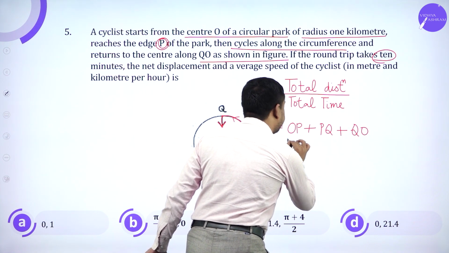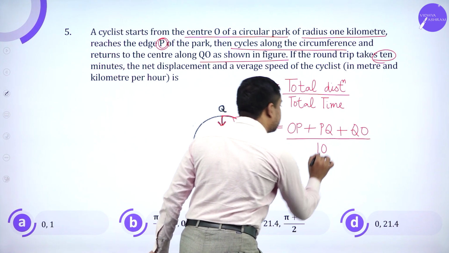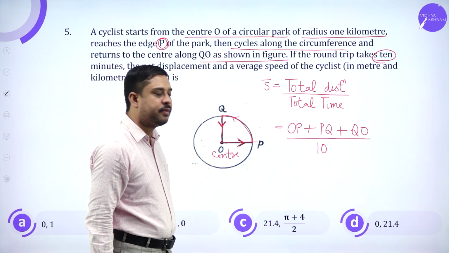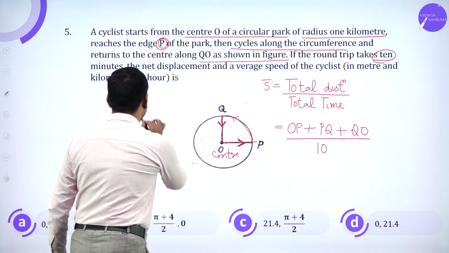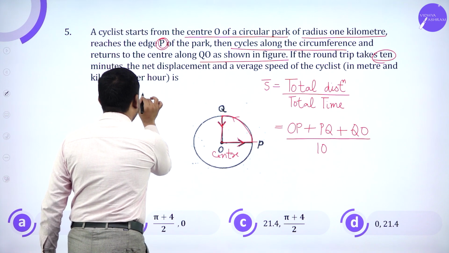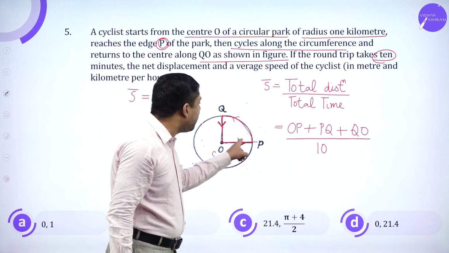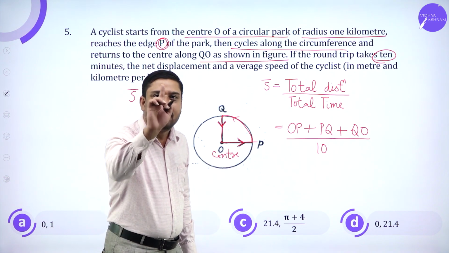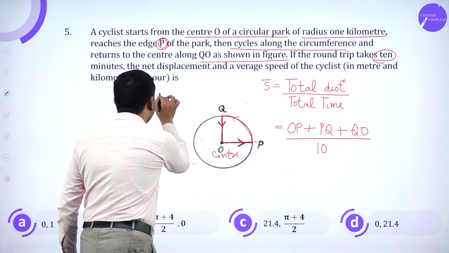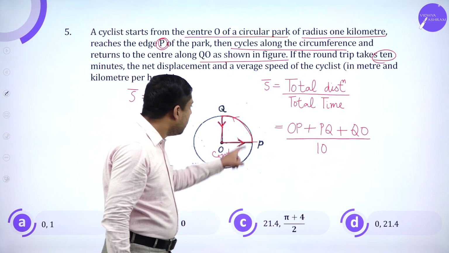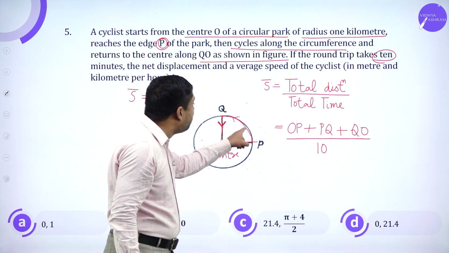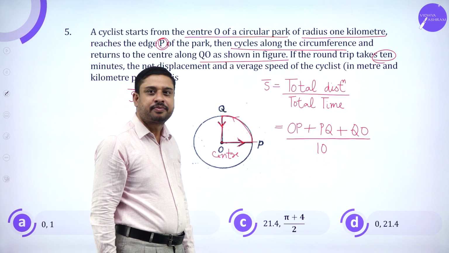And the time taken to travel this distance is 10. Now, therefore, average speed S bar is OP, the radius, which is given to be 1, plus what is PQ?